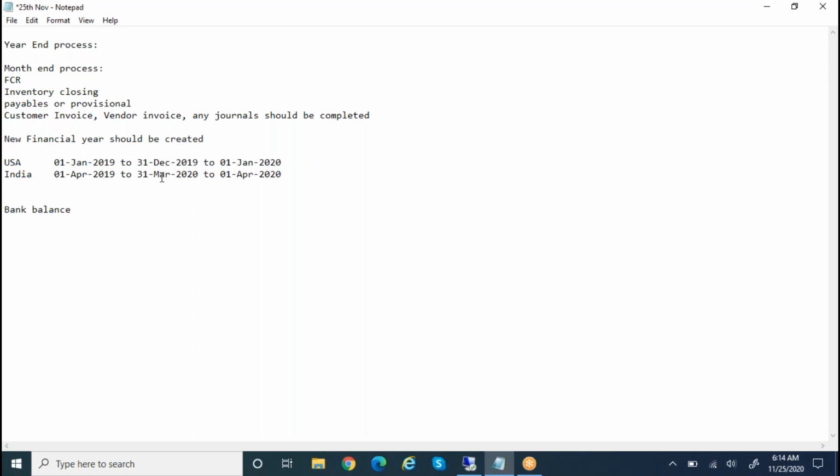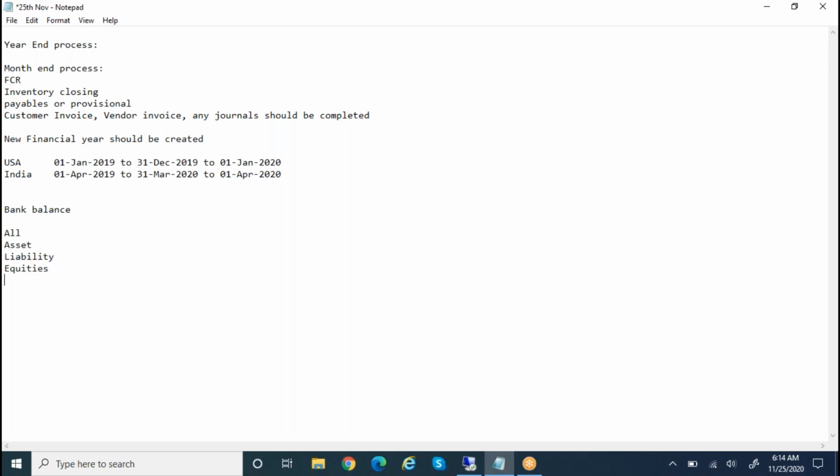So this will happen for all assets, all asset balances, liability balances, and equities. These balances only will be transferred from last year's closing balances to the next year.